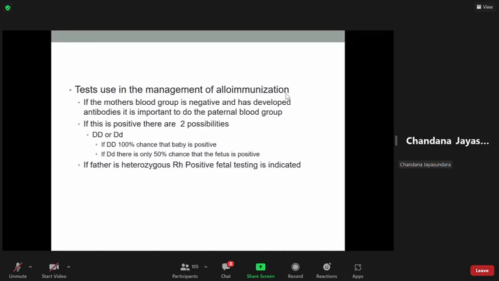So what are the tests used in the management of alloimmunization? Now, alloimmunization is actually the mixing of human blood with human blood and causing an immunization reaction.